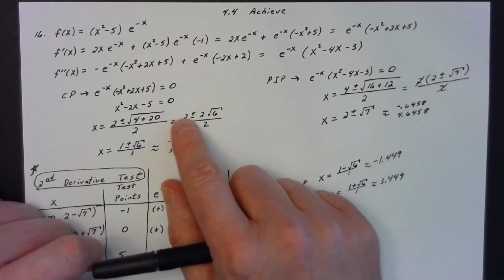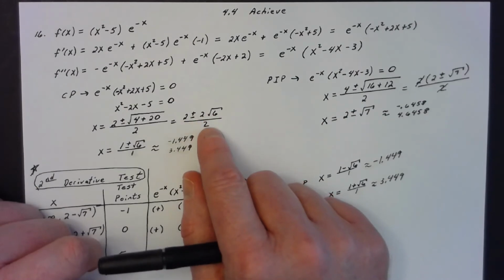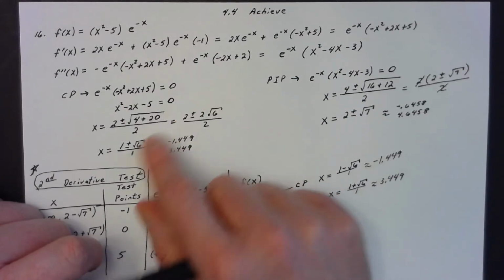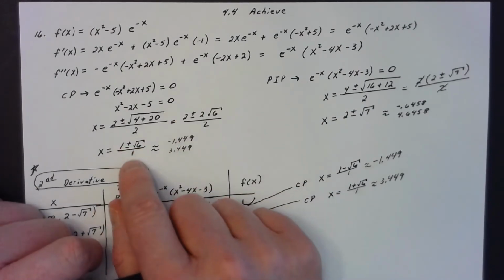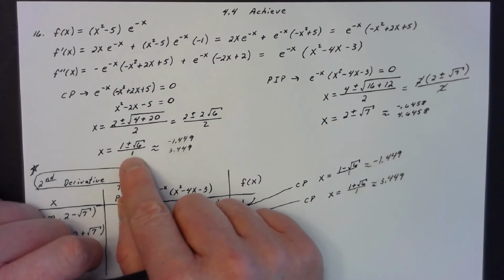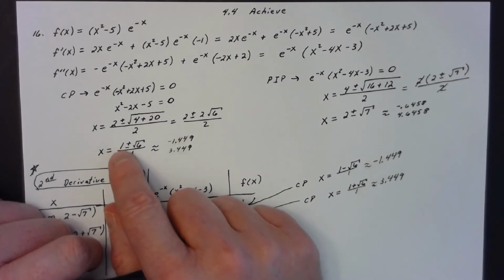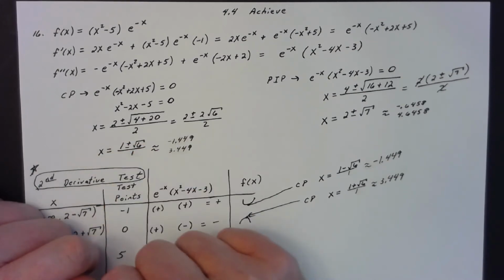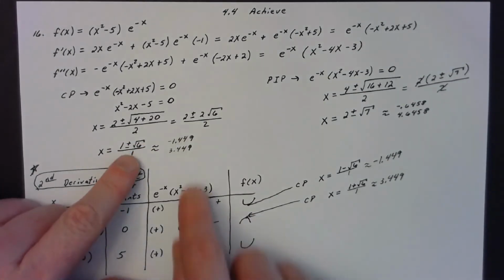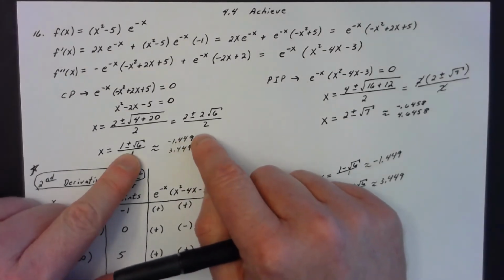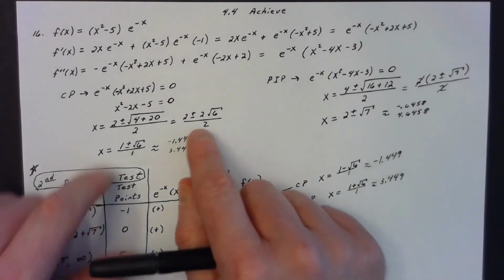So now I have 2 plus or minus 2 on the root of 6 over 2. I can go ahead and cancel out those 2's, and I don't know why I put the 1 in the denominator. It's not necessary, of course. It would have been better just to go ahead and say this is going to be 1 plus or minus the root of 6. And then 1 minus the root of 6, just to help me out as to where to place it in my second derivative test.